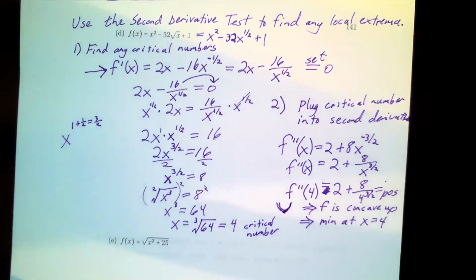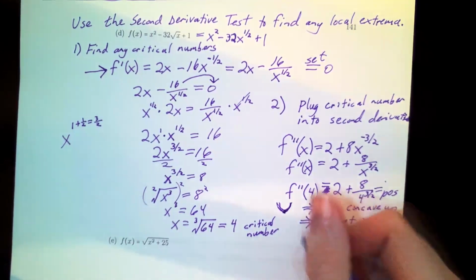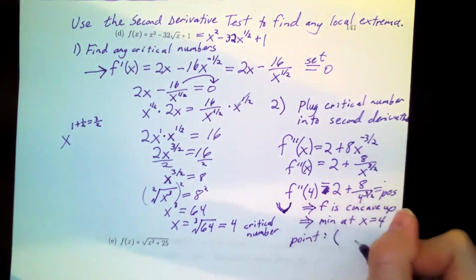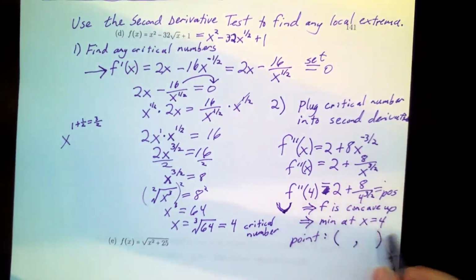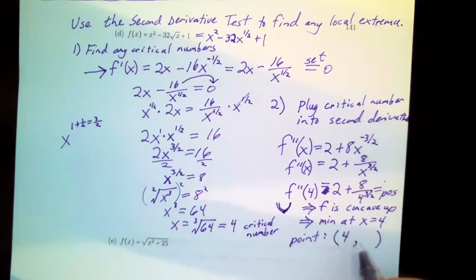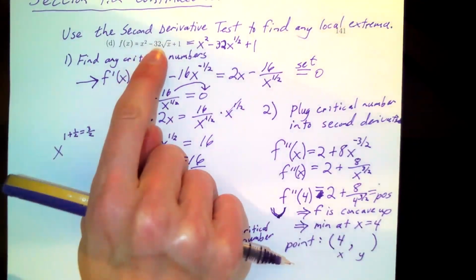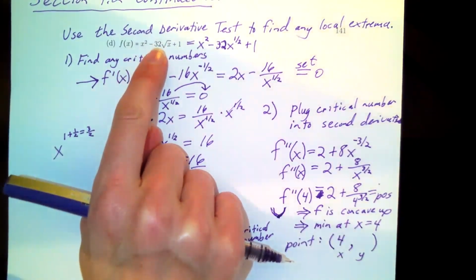In order to finish this thing up, you will need to find the point xy for this minimum. So we have the x value is 4, and if I'm going to find the corresponding y value, you've got to take 4 and plug it back into the original function. Remember, the original function cranks out y values. That's what it's for.